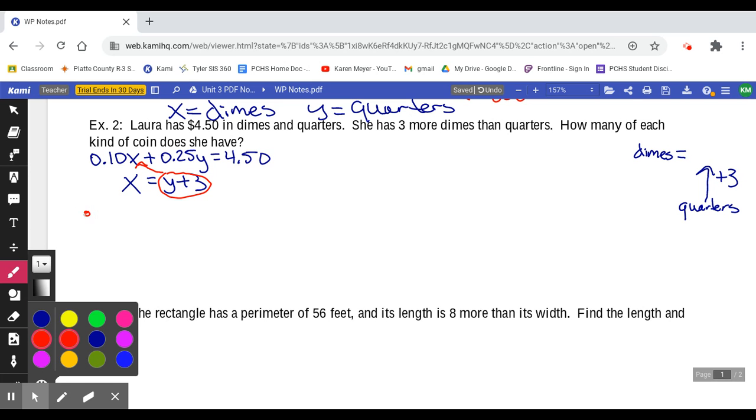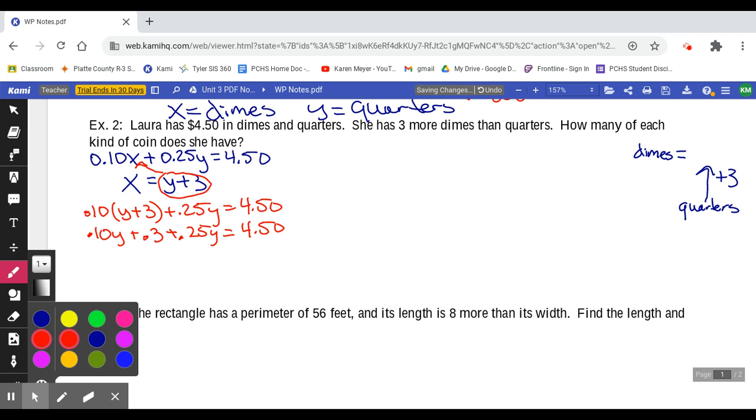So I get 10 cents, open my parentheses, y plus 3, plus 25 cents y equals $4.50. Distribute: 10 cents y plus 30 cents plus 25 cents y equals $4.50.